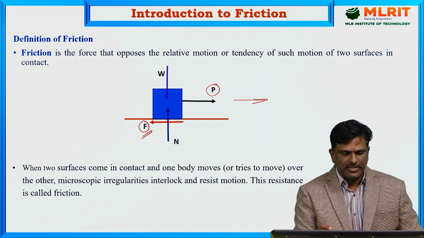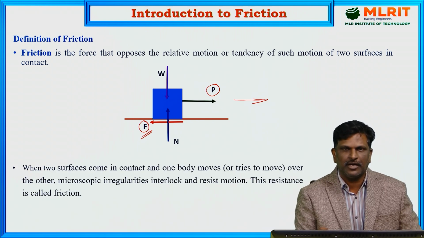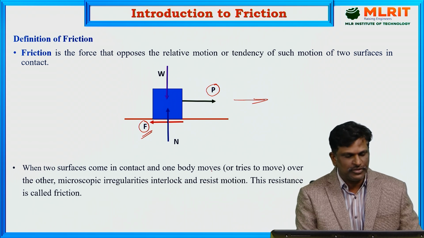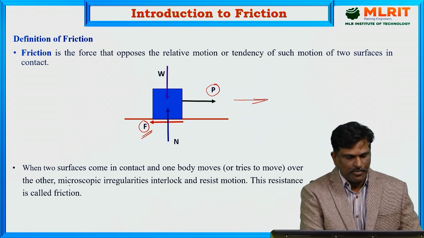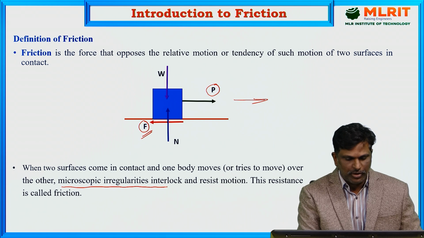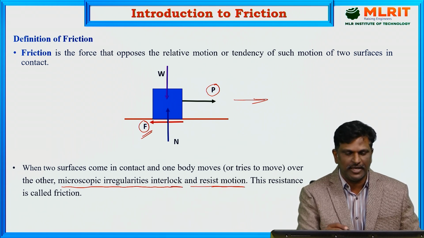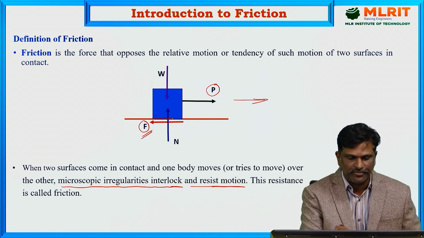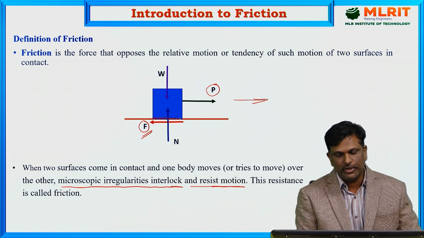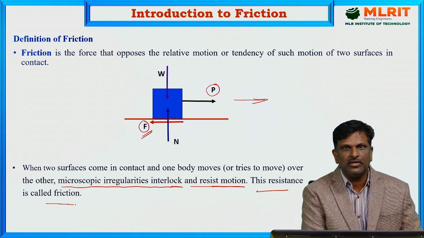When two surfaces come in contact and one body moves over the other, the microscopic irregularities interlock and they resist the motion. The irregularities at the contact surfaces will lock the motion, and this resistance is called friction.